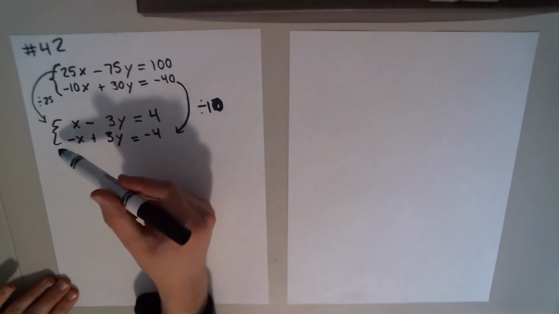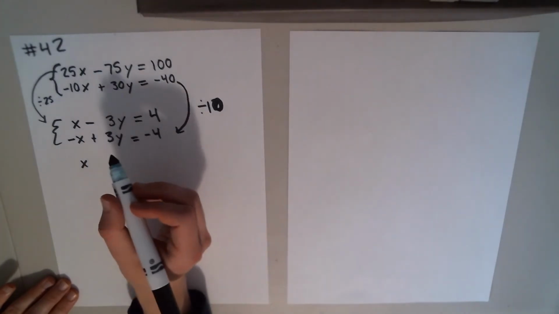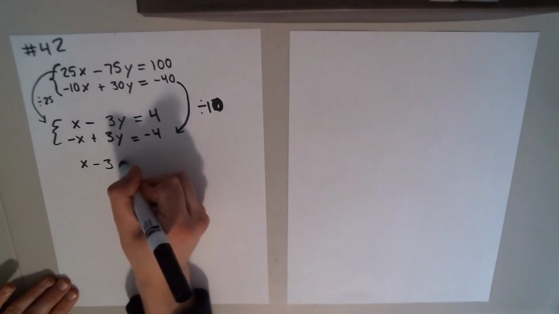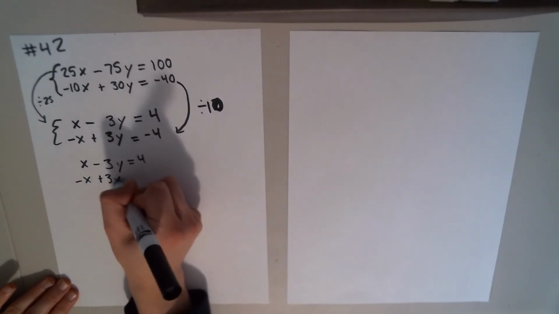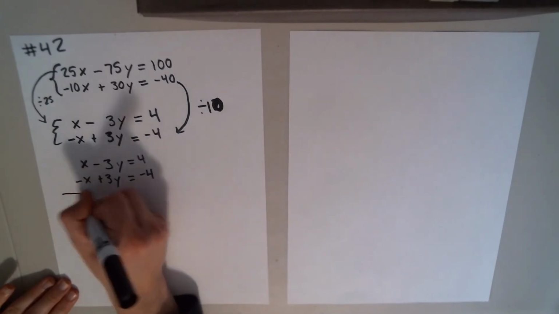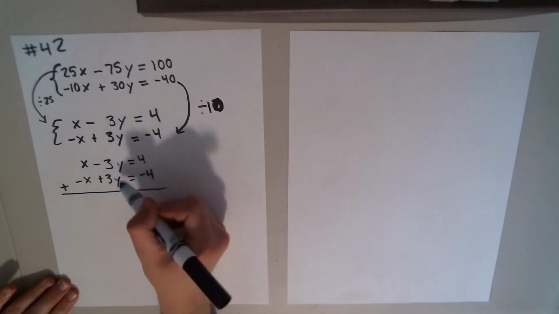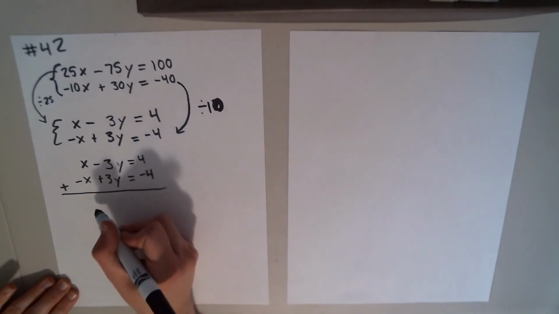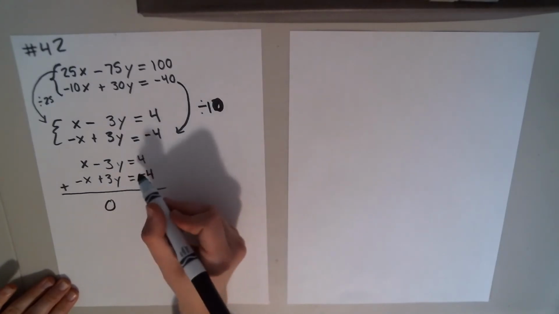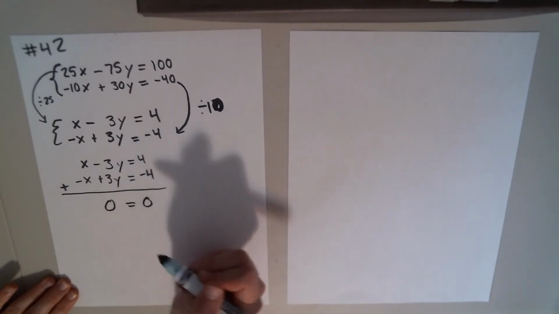And so I can just add those two equations together and get rid of the x's. These cancel out, but you'll notice the y terms also cancel out. Okay, and I get 0 over here, and this is equal to, well, 4 plus negative 4 is 0.